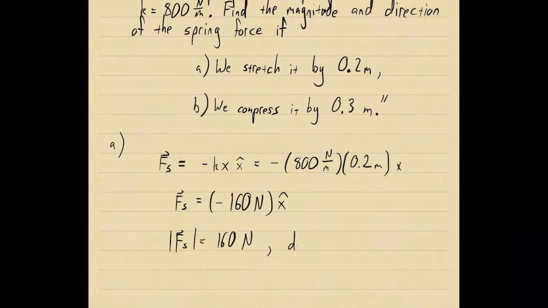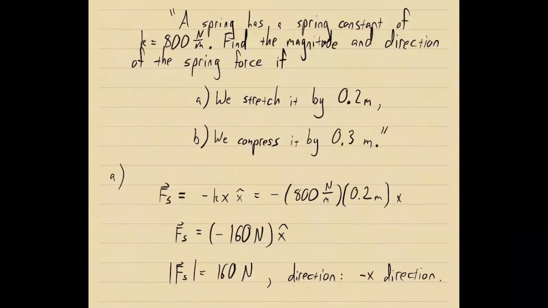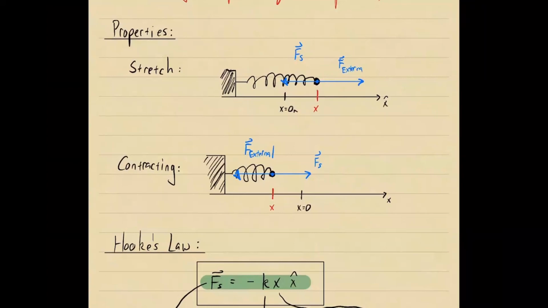And the direction is indicated by this minus sign here. This minus sign indicates that it's pointing in the negative x direction, so it's pointing to the left. Because we've overextended the spring, it wants to return to its equilibrium position.